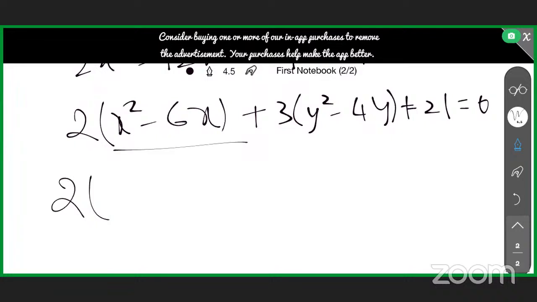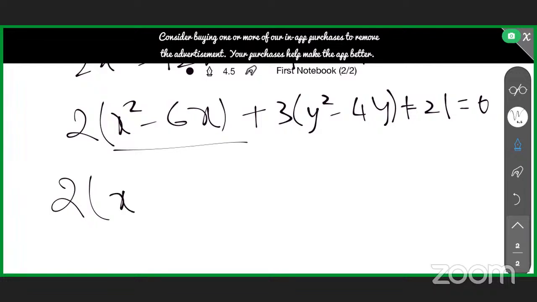Now I'm writing x square minus 6x. This is what happens when you don't know the theorem: you have to go a little longer step. So I'm going to simplify this and reduce the equation. x square minus 6x, I'm writing it as a perfect square.